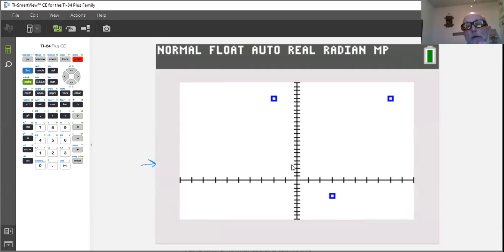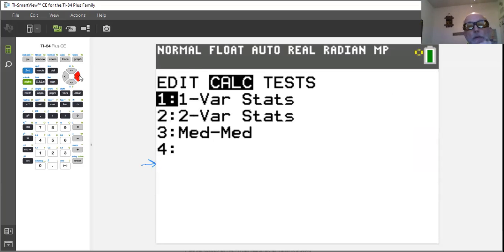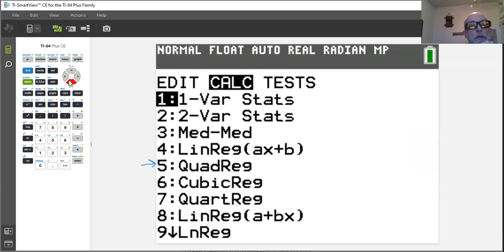And there they are. This is -2, +21. Over here, this is +8, 21. And then this one's 3, -4. Yay. So now we go back to stat. We go over to calculate. And we go down to number 5. Hoorah! That's where we want to be. Quadratic regression.